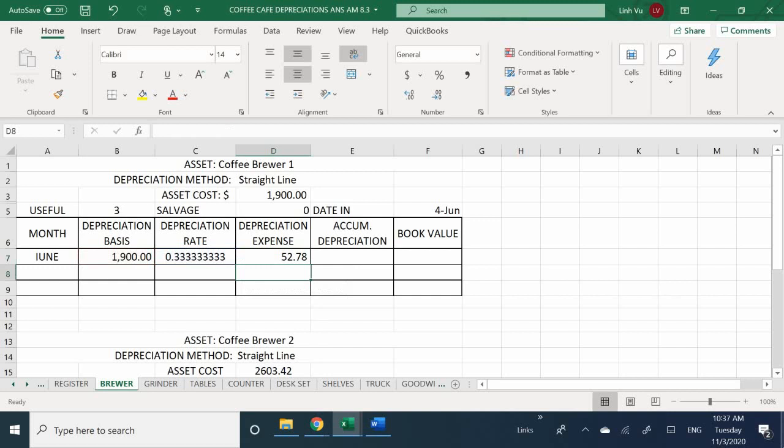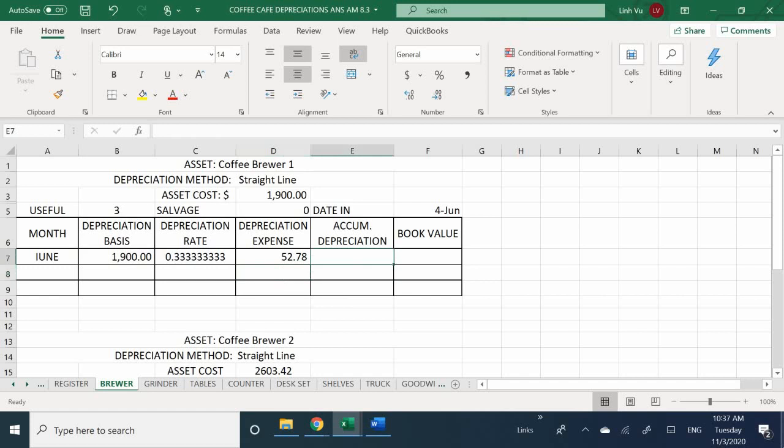Okay. So it should be 52.78. Correct. Because this is only 1 month's worth. We don't need to times it by 6 because we're not calculating the end of the year. We're calculating on a month-to-month basis. So in this case, I only need 1 month's worth of depreciation.